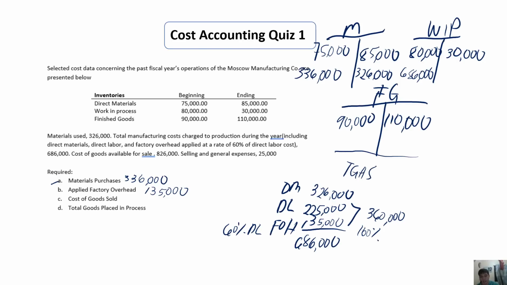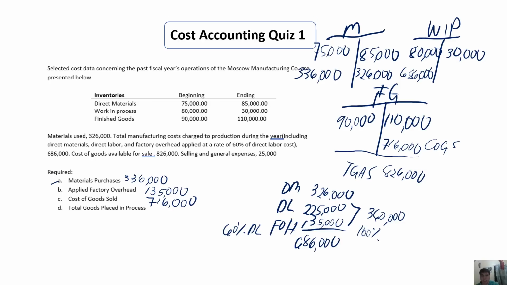Magkano daw yung COGAS? 826,000 pesos. Ililes mo lang po yan sa ending para makuha yung COGS. So 826,000 minus 110,000, magiging result niyan ay 716,000 pesos. That represents the cost of goods sold. Ilagay ko dyan, 716.